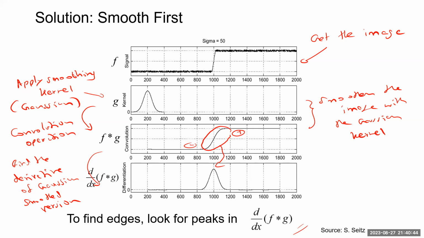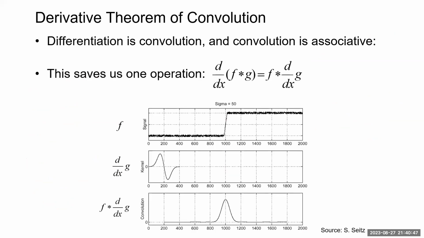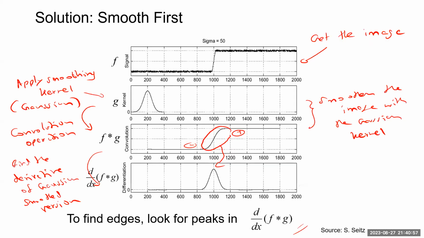Now, if you look at these functions, what we did here was the convolution operation with the Gaussian filter, and then we did the differentiation. But you all know the convolution operation is linear.